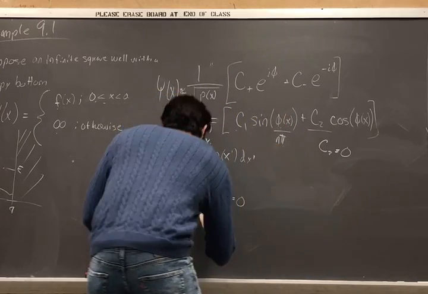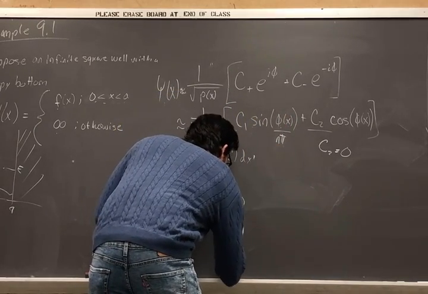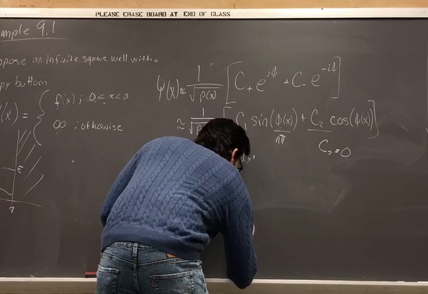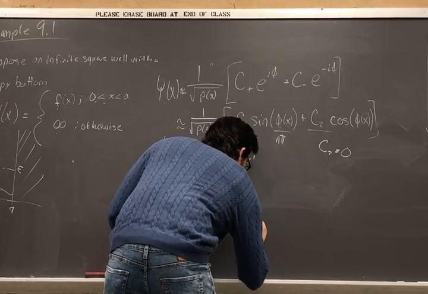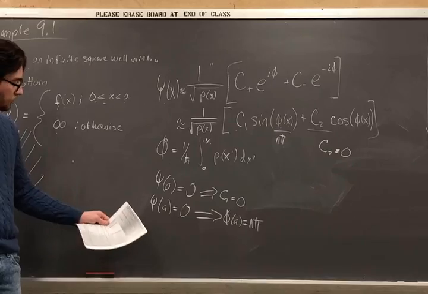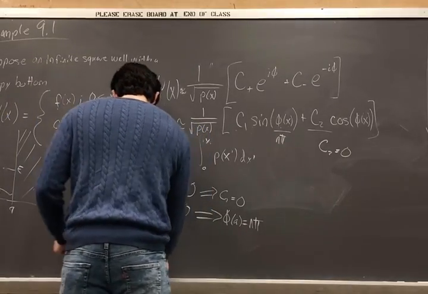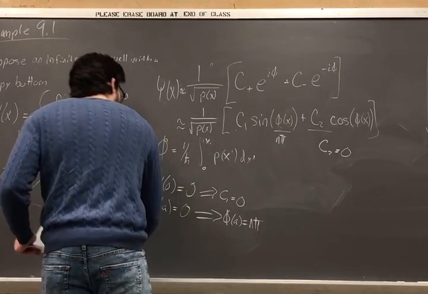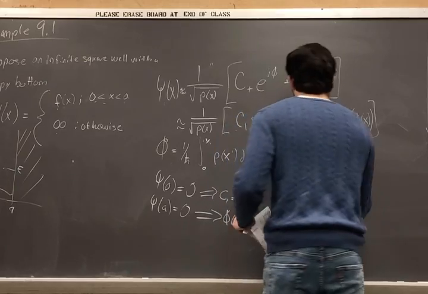So we can now say that phi of a equals n pi. Okay, so that's kind of useful, right?